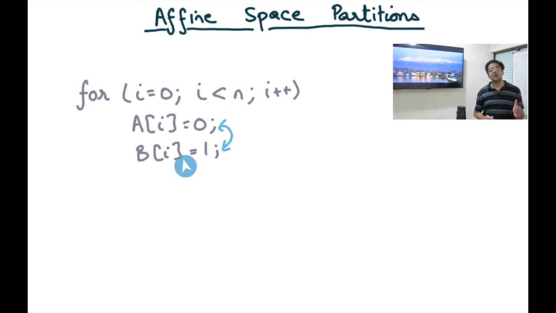But actually I can do order 2n, because I can have the first statement a[i] equals 0 executing in parallel with the second statement b[i] equals 1. So I have 2n different virtual processors for this loop, and our formulation of the problem should be able to exploit the fact that there is no data dependence even within a body. So it should be able to split the body.